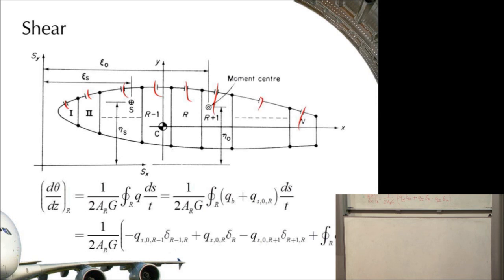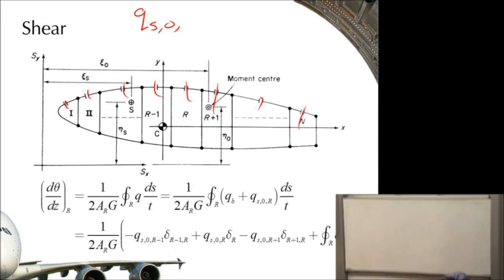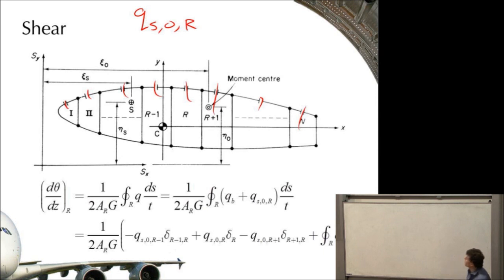So what we end up with is Q, Megson's notation is Q S naught N, or R, where he writes this as R. Okay, we end up with n of those.